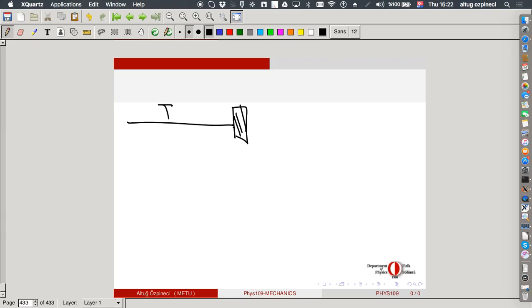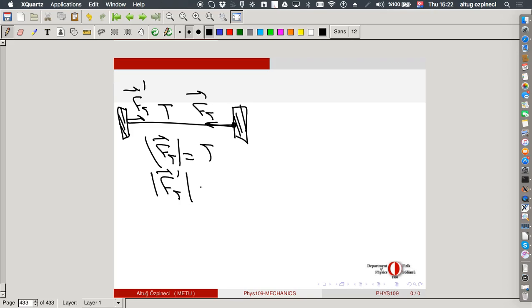The force that this exerts on this mass will be tangent to the string, and its magnitude will be equal to the tension of the string. And if you have another object over here, the force that this feels will also be parallel to the string, and its magnitude will be equal to the tension. So the tension tells you the magnitude of the force. Just like pressure gives you the magnitude of the force acting on a surface.